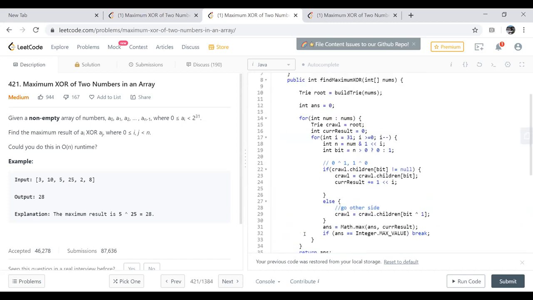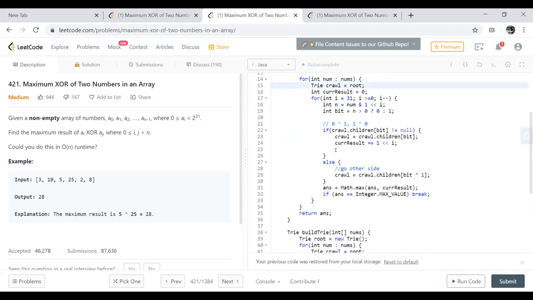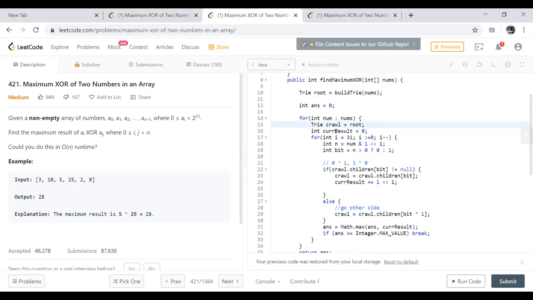Then again we start traversing all the numbers, and again we use the same logic: take this, push the 1 to the 32nd position, do an AND with whatever bit we have.